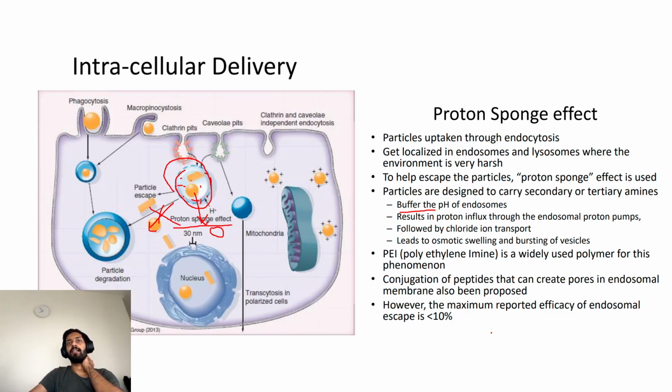So we've discussed polyethylenimine to be a widely used polymer to get this effect. And we've also talked about how even though this effect is very good in theory, in practice, the maximum reported efficacy is around 10%. So that's proton sponge effect.